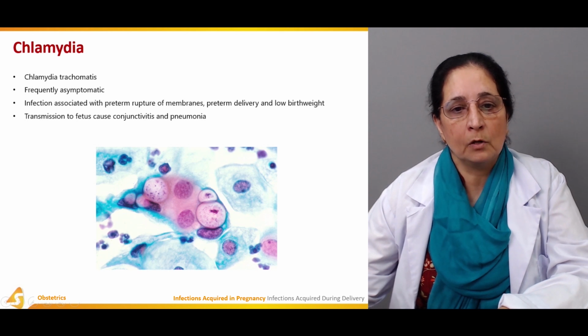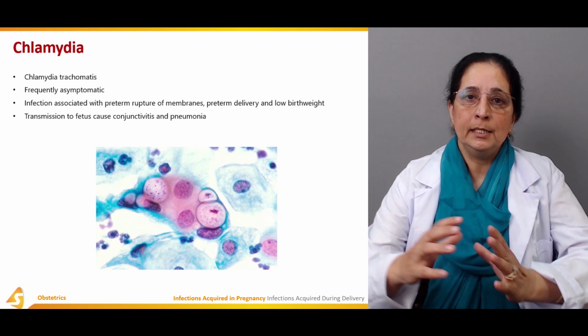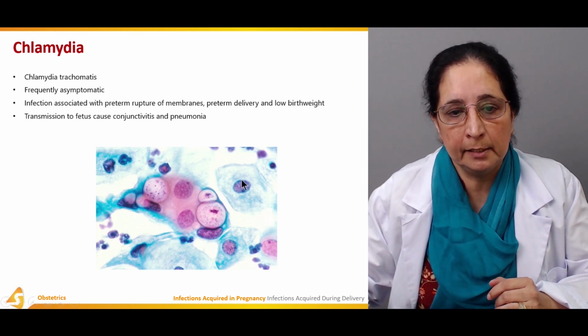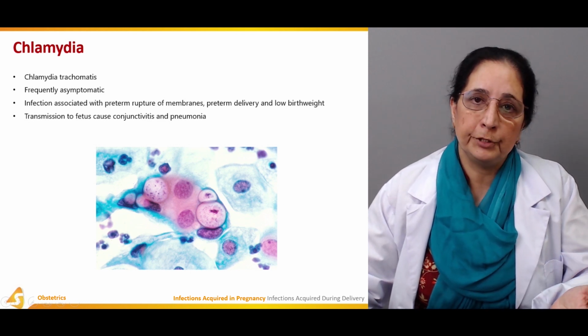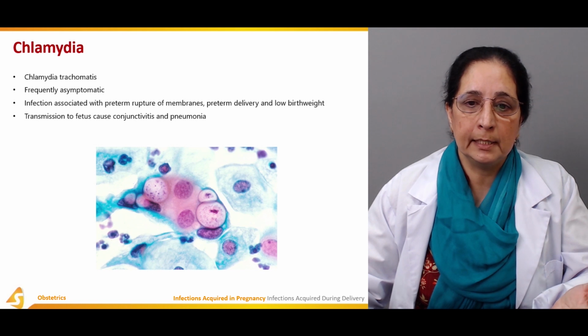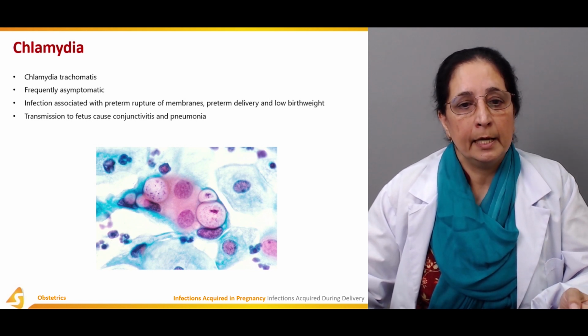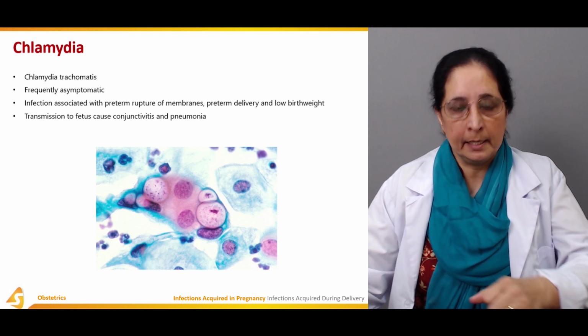Transmission to the fetus causes conjunctivitis and pneumonia. So chlamydia is caused by Chlamydia trachomatis, you can see the infections here, and it can cause premature rupture of membrane, preterm delivery and low birth weight infants, and transmission to the fetus causes conjunctivitis and pneumonia.